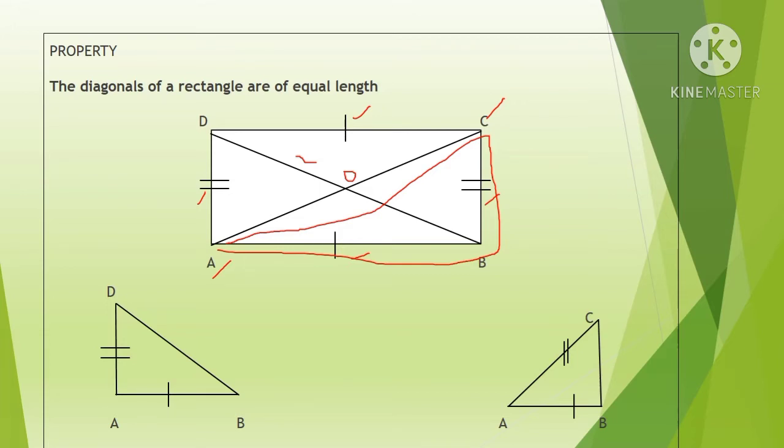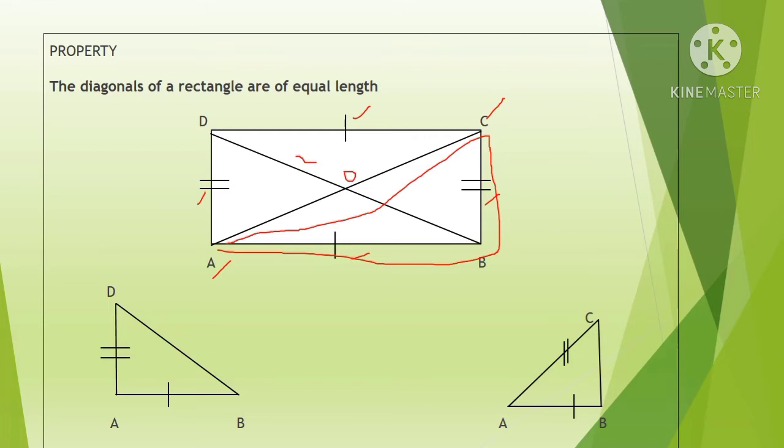Then another triangle A, B and D. So after bisecting we got two triangles: one triangle is ABC and another triangle is ABD.